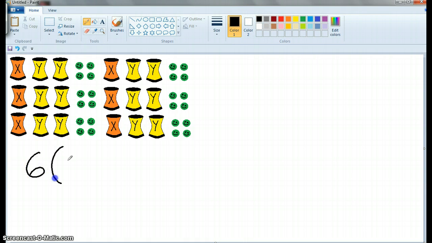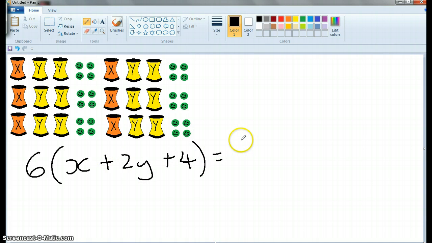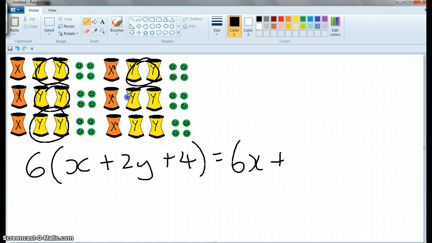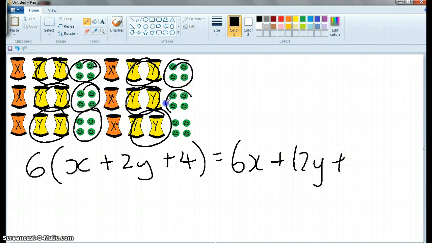6 lots of x plus 2y plus 4, and that equals 1, 2, 3, 4, 5, 6 x plus 2, 4, 6, 8, 10, 12 y plus 2, 3, 4, 5, 6 4s are 24.